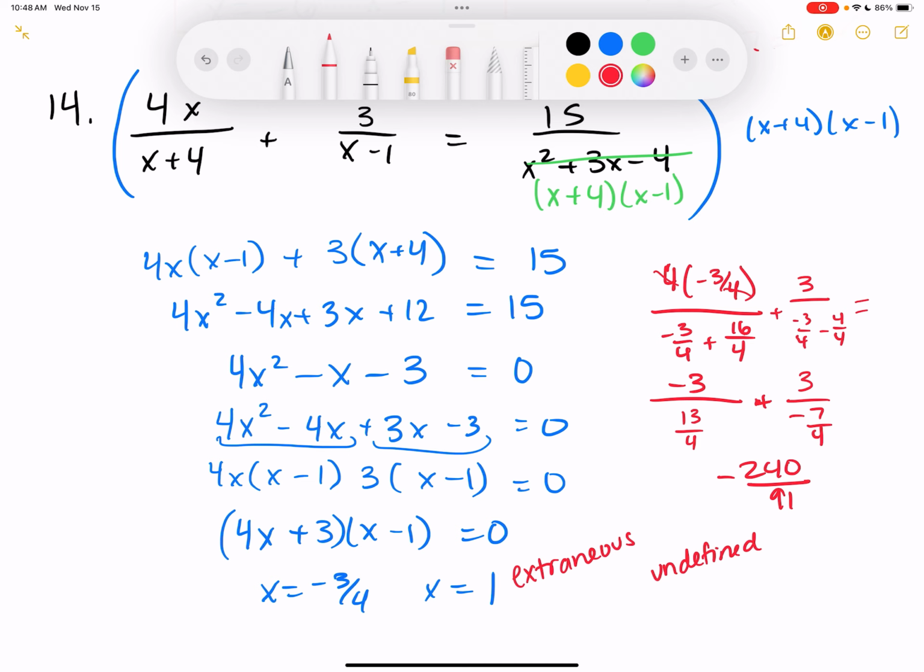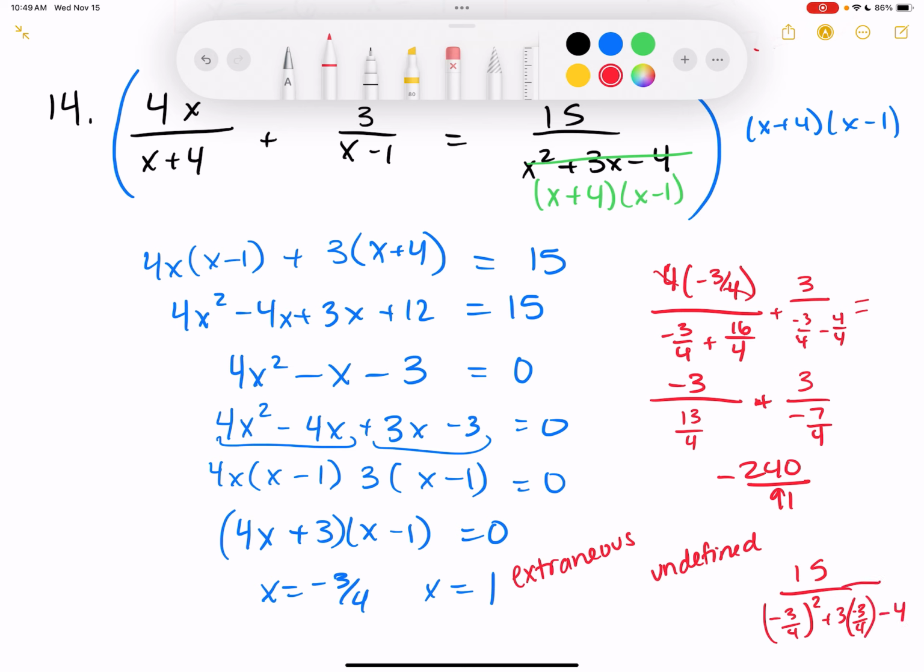All right, and then now I need to do the right side. So 15 divided by negative 3/4 squared plus 3 times 3 over 4, minus negative 3 over 4, minus 4. I'm just going to put that in.